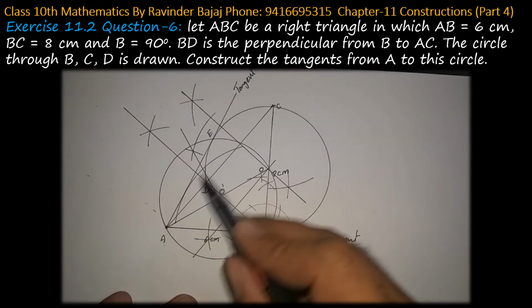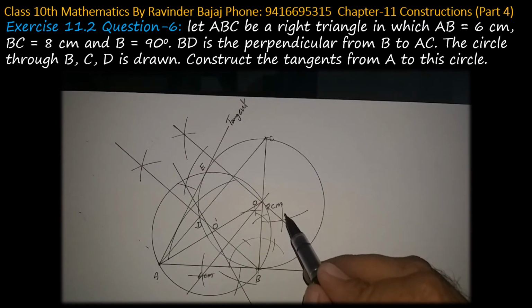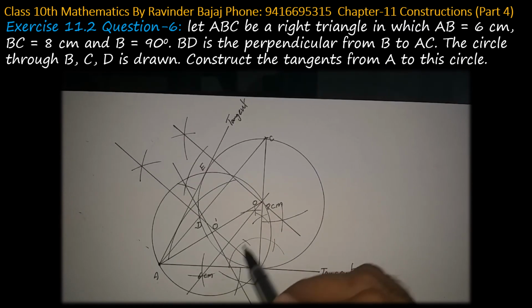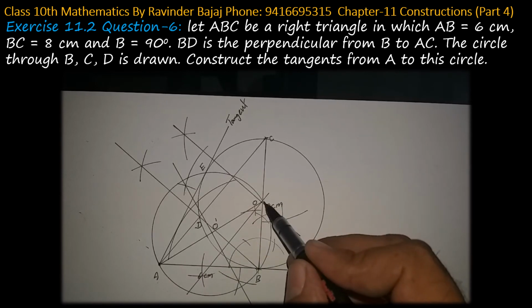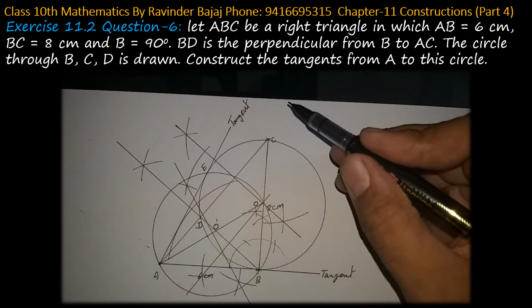ABC is a right angle triangle whose sides are 6 centimeter and 8 centimeter respectively. Angle B is 90 degree, by construction it is 90 degree. And the point of contact B is making a 90 degree angle with the line joining the point of contact and the center. So this is one tangent. But we need to draw the second tangent also.